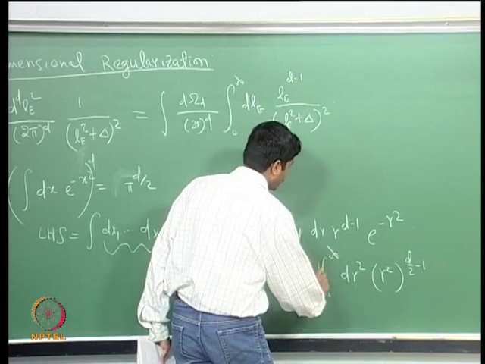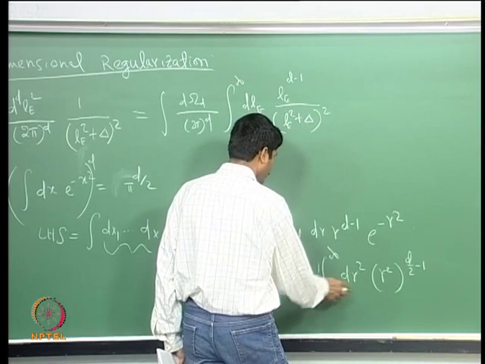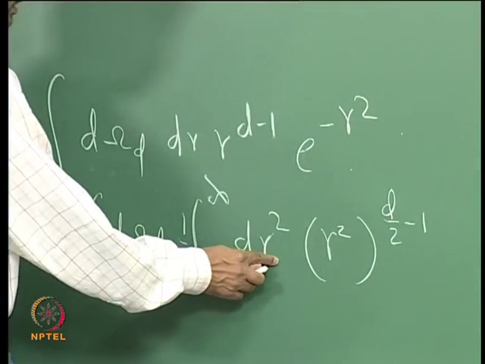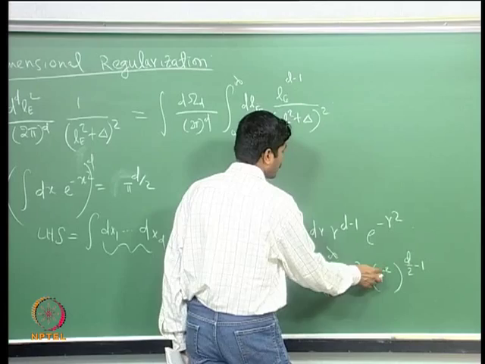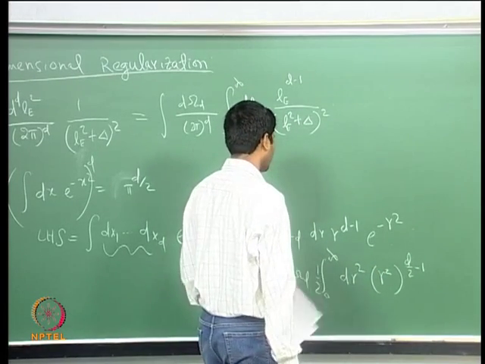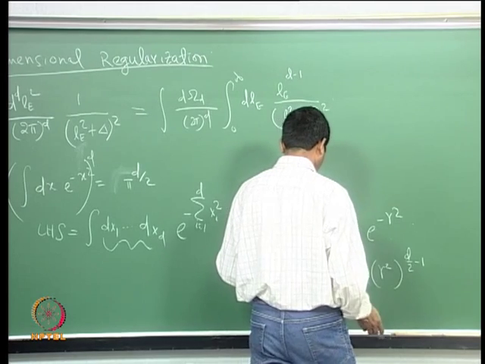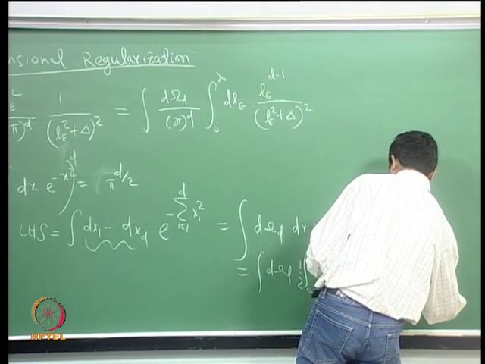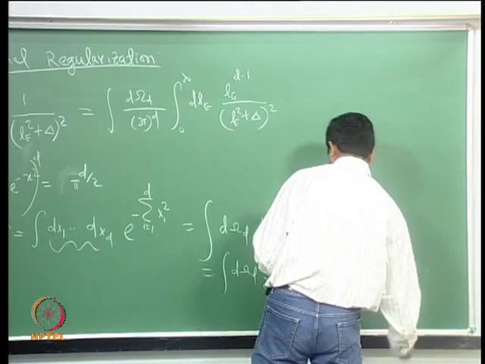There is a factor of half, and this will give me 2 r dr. So, that 2 will cancel this half, and this r here will add to this minus 1. So, at the end of the day you will get r square to the power d by 2 minus 1 e to the power minus r square.